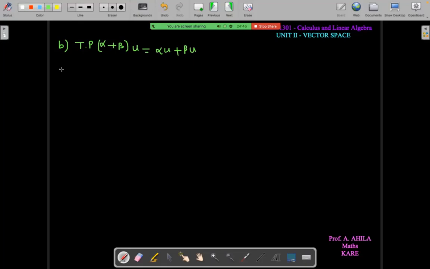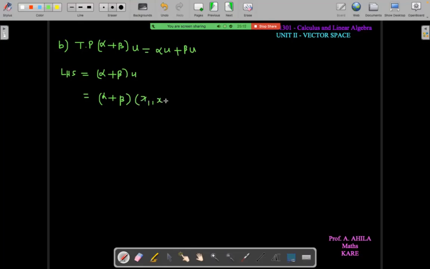Again consider the left hand side. As we did before, we consider the left hand side, which is (alpha plus beta) into u. So substitute for u, where u is (x1, x2).